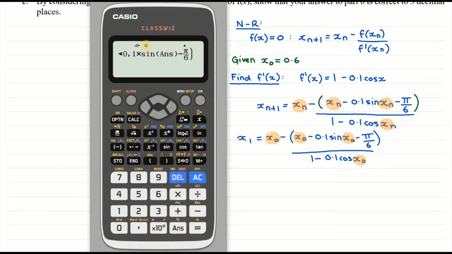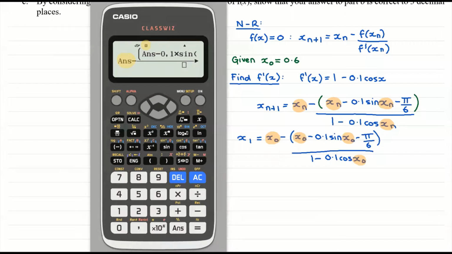Now, I'm just going to set that as a fraction. If I do that, just make sure that you have the answer subtract on the left-hand side, like I have here, and it hasn't been included in the fraction. That looks okay to me. So let's continue with this.